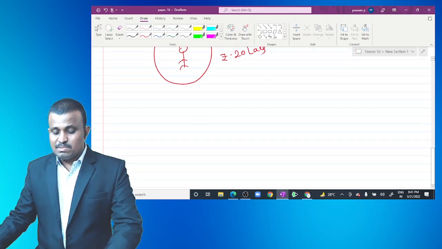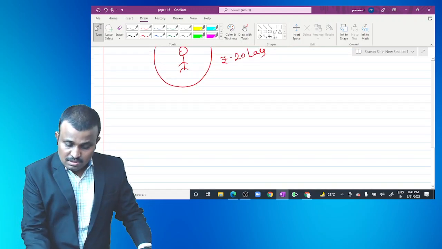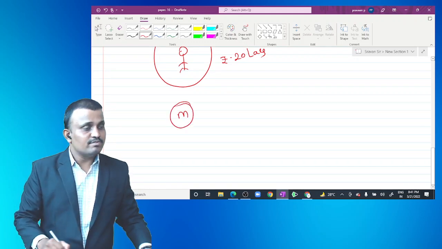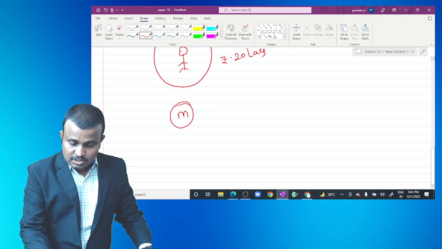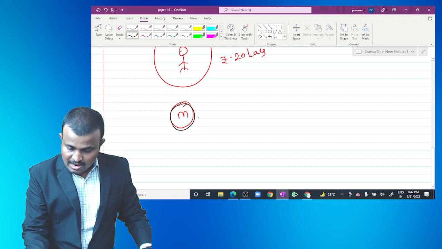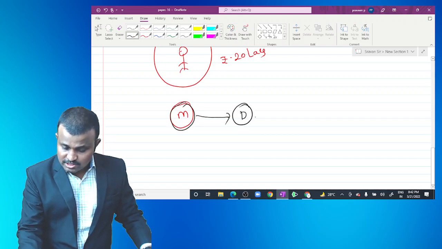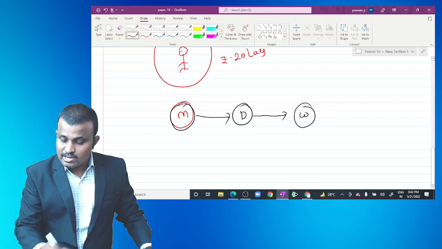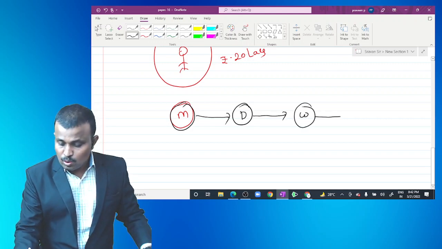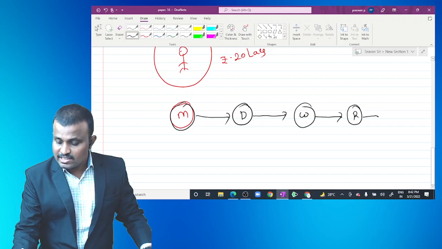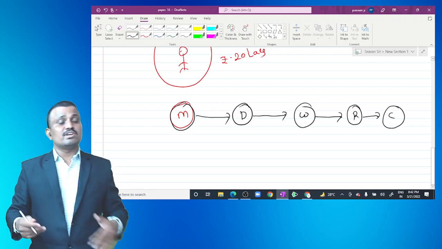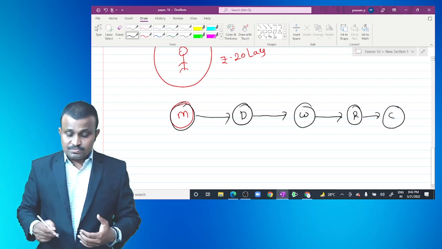Take another example, the trade cycle. The manufacturer produces the product and sells it to the distributor, the distributor sells the product to the wholesaler, the wholesaler sells it to the retailer, and the retailer sells the product to the ultimate consumer.